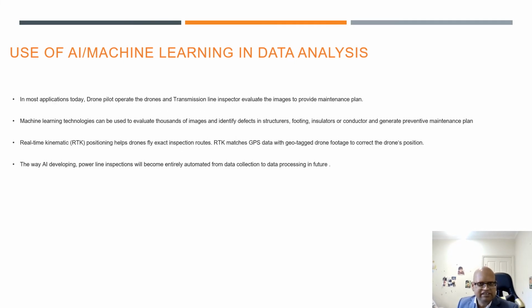What is the use of machine learning in these transmission line inspections? How can we use it? In today's applications, most of the time drone pilots operate the drones and capture the high definition images of the assets, and the transmission line inspectors evaluate those images and provide maintenance recommendations for the utilities.